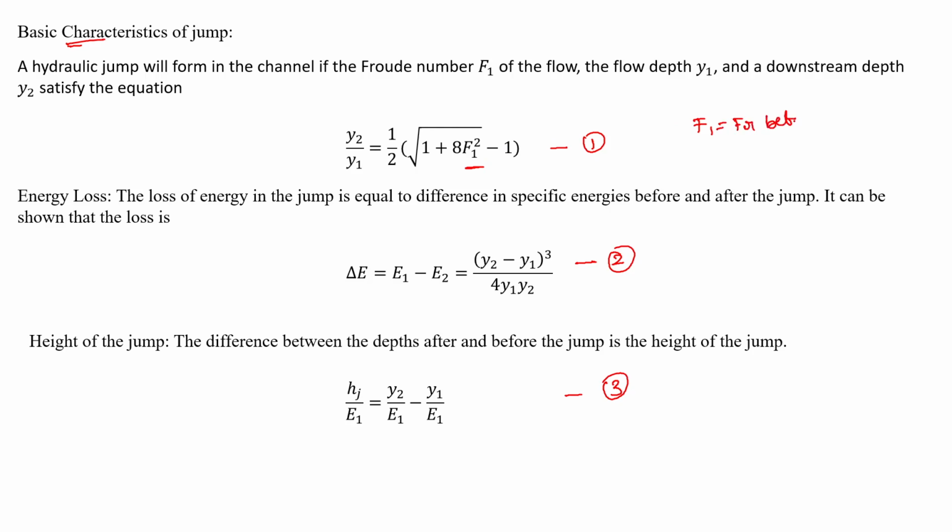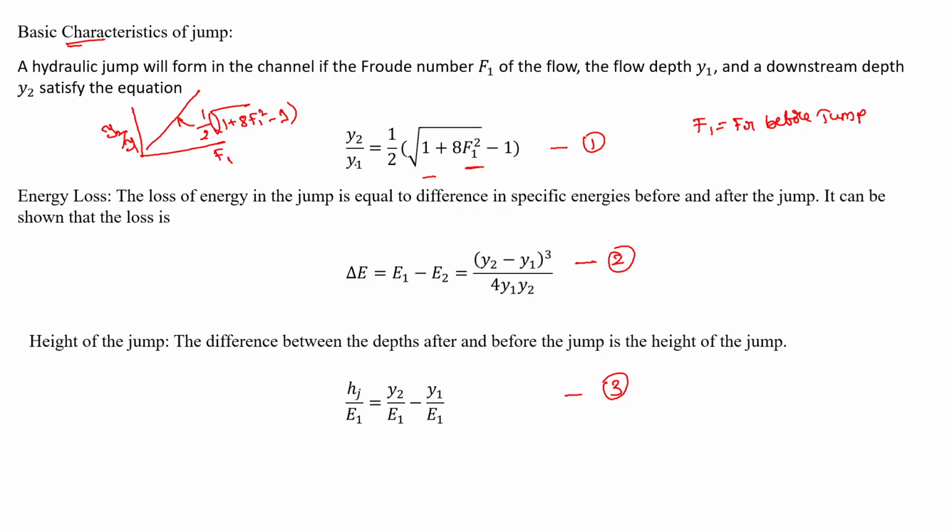Here F1 is the Froude number before the jump. If you draw a line of y2 divided by y1 against the Froude number F1, it follows a straight line, and this equation is the equation of that line: y2 by y1 equals 1 by 2 times the square root of 1 plus 8 F1 squared, minus 1.